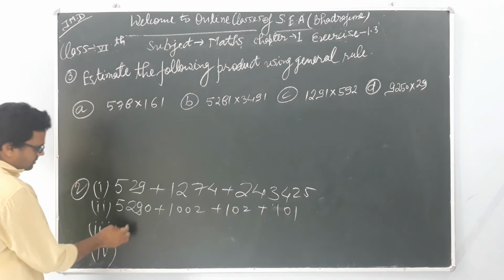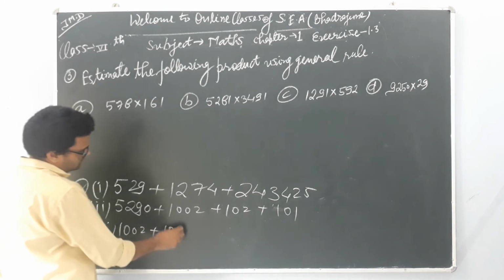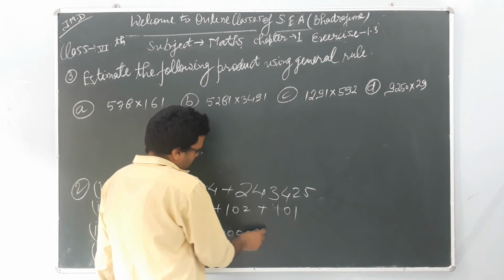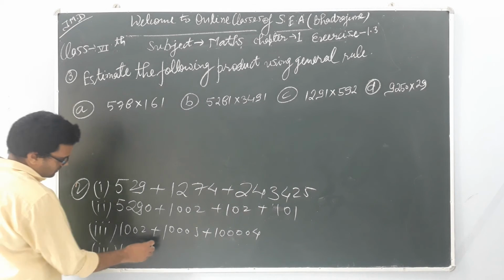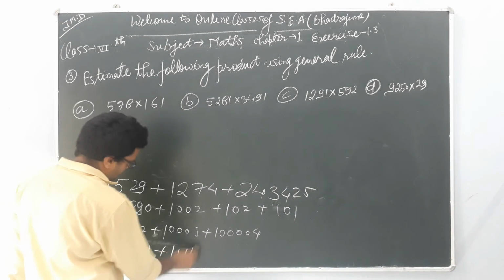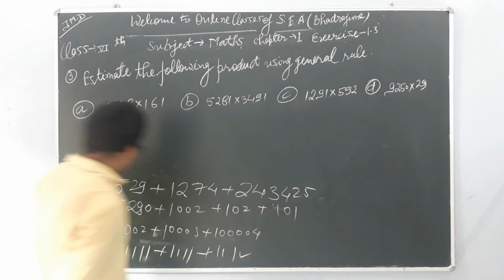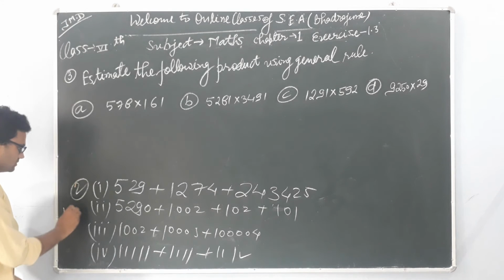Okay, after that 1002 plus 10003 plus 1 4 times 0 4. Okay, now last one is 4 times 1 plus 3 times 1. Okay, so now you have to estimate these 4. Just write down, and this is homework for you all.